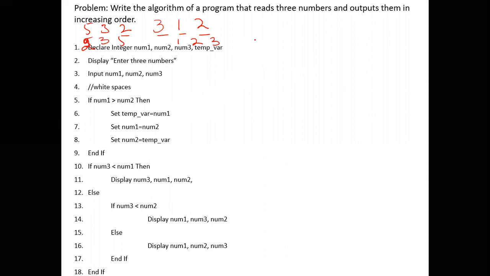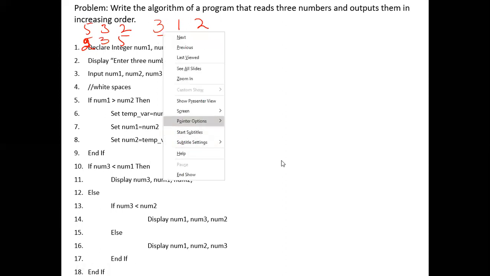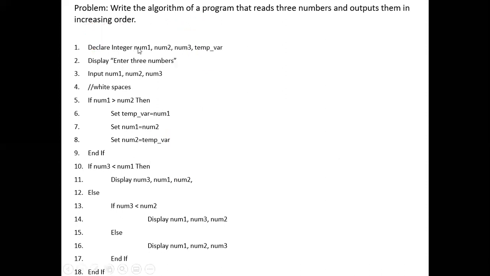In this particular algorithm, I have declared 4 integer variables: num1, num2, num3, and a fourth variable named temp_var. Three variables are where I'm going to get the input from the user, and the fourth one I'm going to briefly explain where to use.